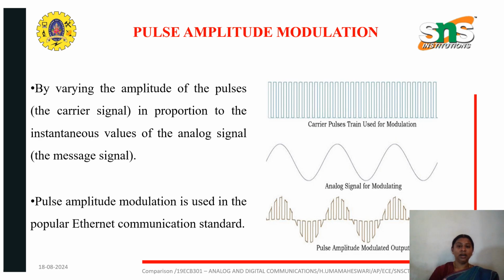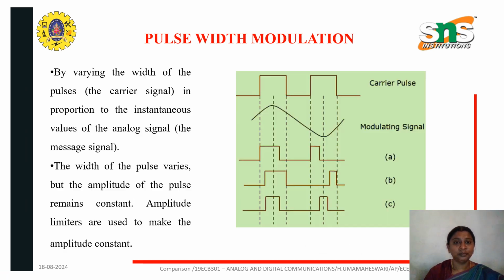Here, the analog signal for modulating is shown. Then the carrier pulse is displayed, and finally, on mixing those, we get a pulse amplitude modulated signal, with the pulses at the top in the positive cycle and in the negative part in the negative cycle.